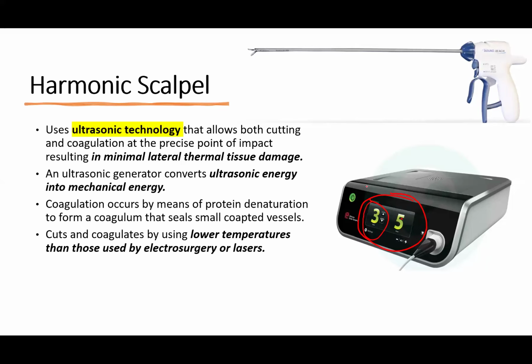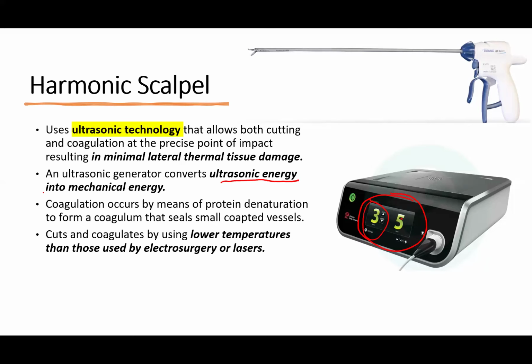The ultrasonic technology, as we mentioned, provides minimal lateral thermal tissue damage. This ultrasonic generator converts ultrasonic energy into mechanical energy.